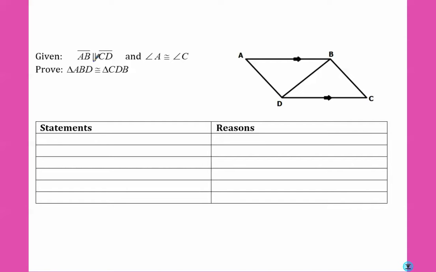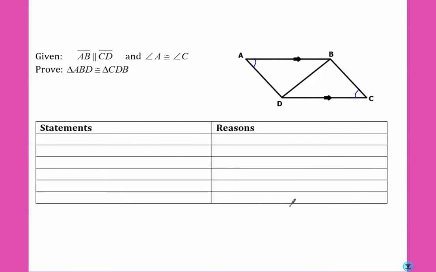AB is parallel to CD. That's actually already marked on our picture for us with the arrows. Angle A is congruent to angle C. So let's mark that on our picture.